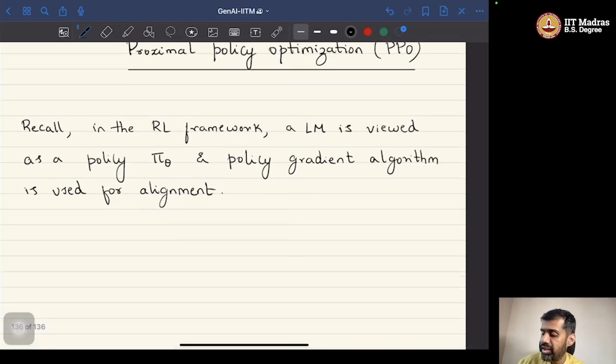So we saw the parameter update. So what was the policy gradient algorithm?